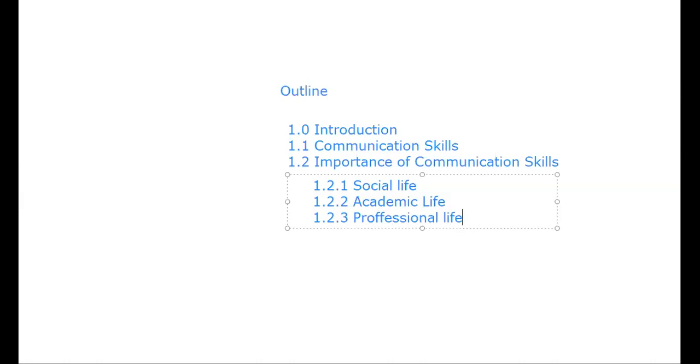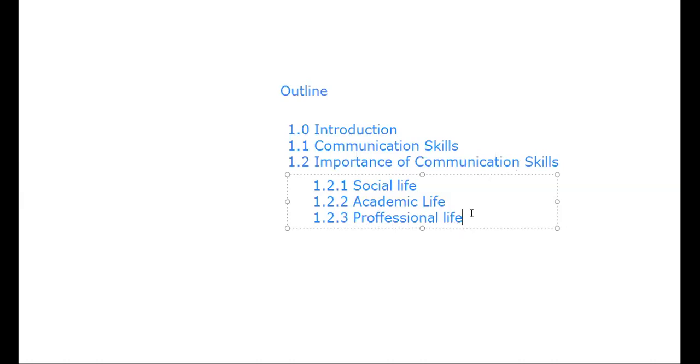So you introduce, you define what communication skills is, you give us the importance of communication skills. Then after explaining this importance in general terms, you narrow it down. You go back to the question. What is it asking me to do? I need to explain it from a social perspective, academic and professional perspective.